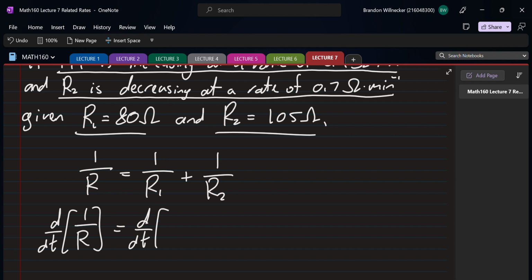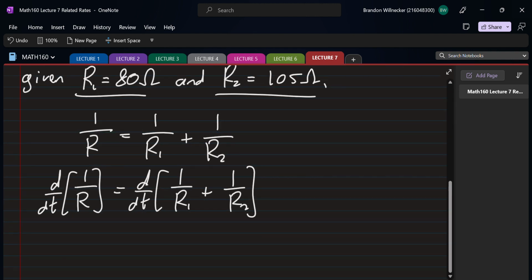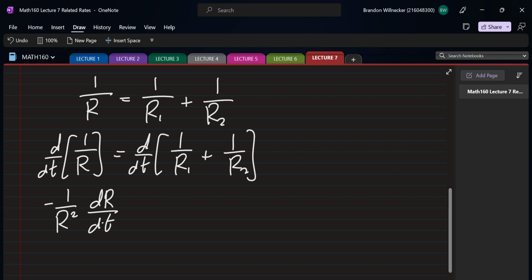So that's d by dt of 1 over R1 plus 1 over R2. Now we know that capital R, R1, and R2 are functions of time, so we're going to have to use the chain rule. So here we get minus 1 over R squared, dR by dt. Let's put that in red, that's the thing we want.